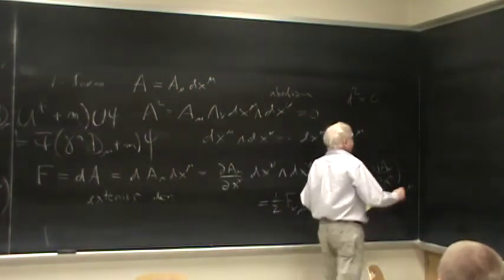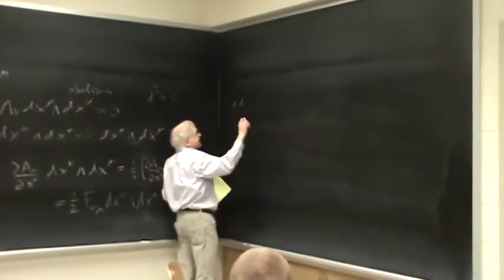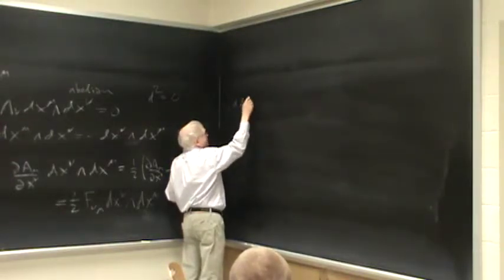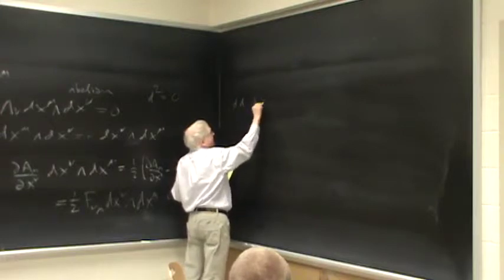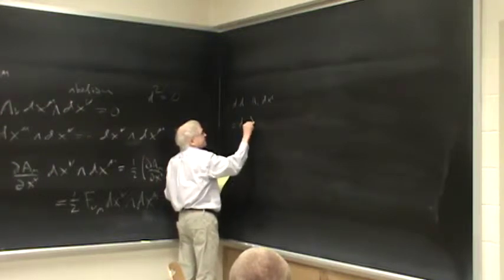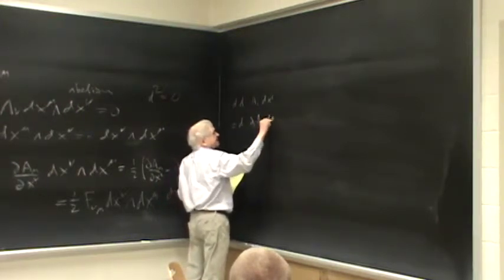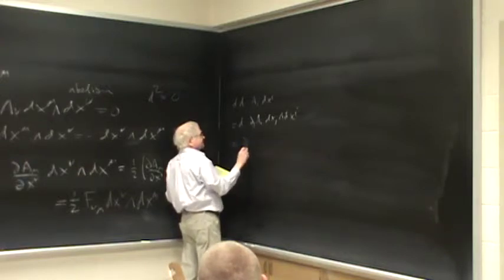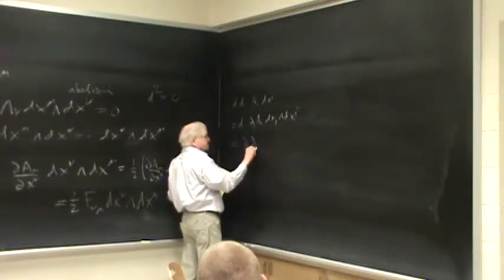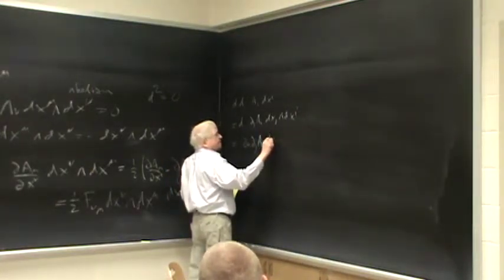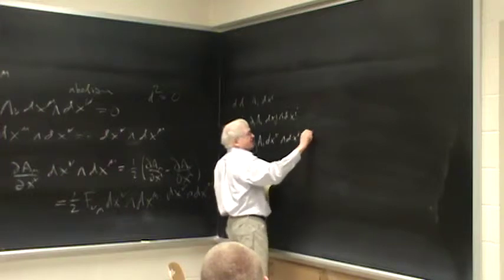That's because if you have dd of any form at all, let me write it as a one form, say a_i dx^i, then what is that? d gives d_j a_i dx^j wedge dx^i, and then another d gives d_k d_j a_i dx^k wedge dx^j wedge dx^i.